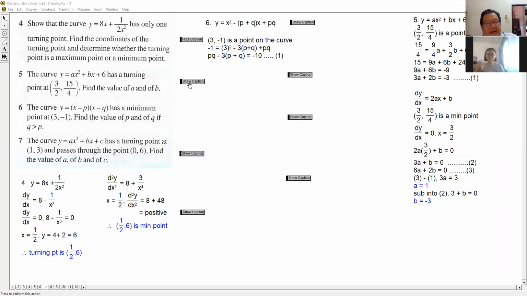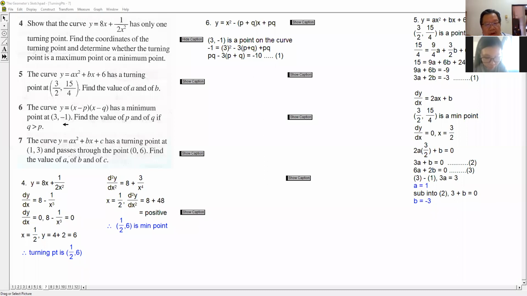Next, because they say it's a minimum point, I can also use dy/dx equals 0 to form another equation. So although we are given one point, we can form two equations.